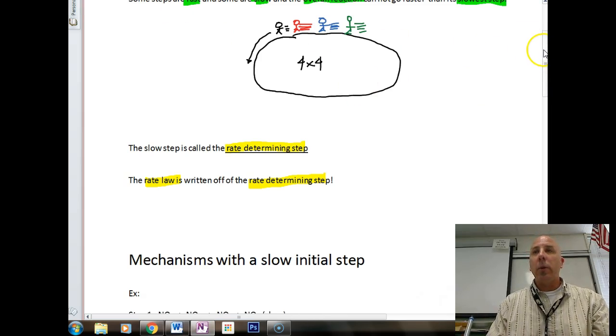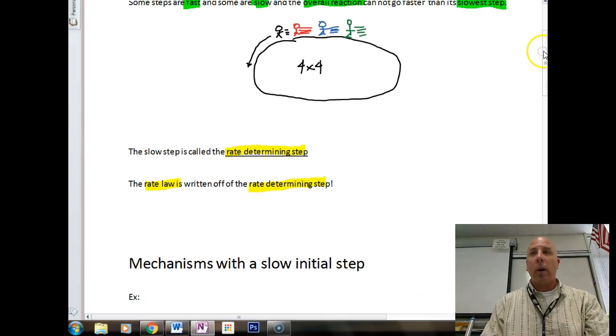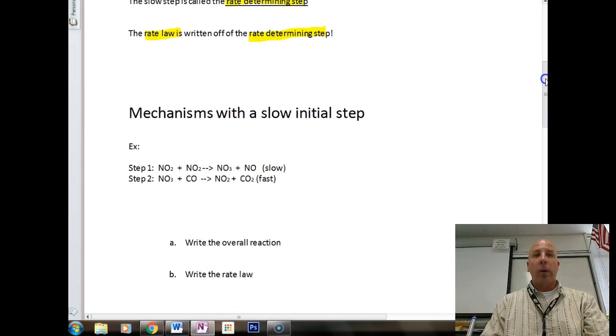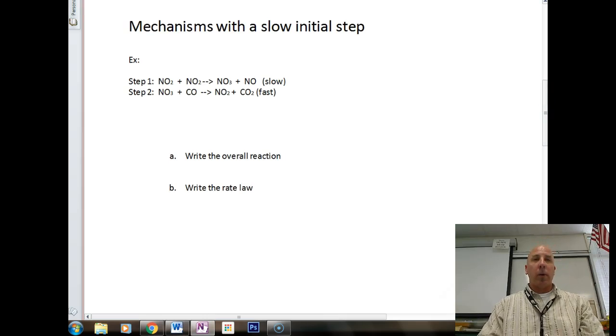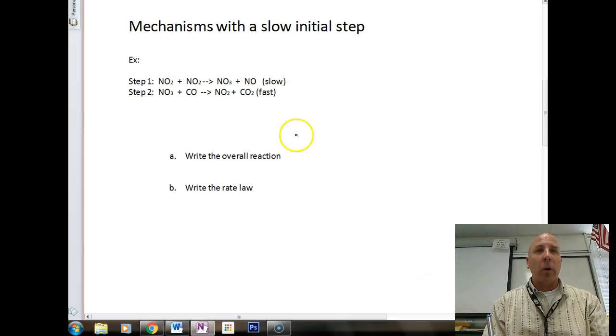So let's get into how we do this and how we incorporate what we learned in our last video on mechanisms. So here's our example. These are going to be mechanisms that have an initial slow step, much like the analogy of the relay. We're going to have a slow runner at the beginning, and we're also going to have a slow step at the beginning. First, we're going to write a proposed overall reaction for these two steps.